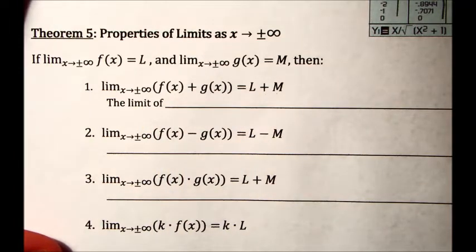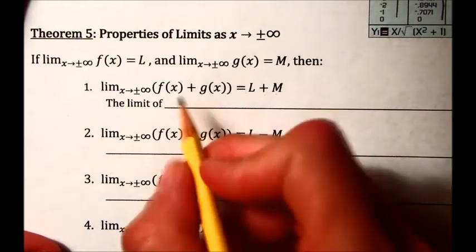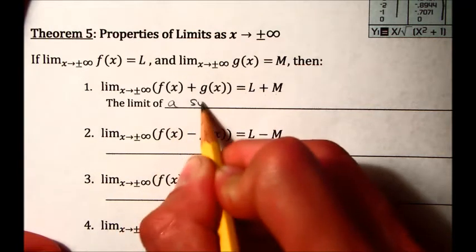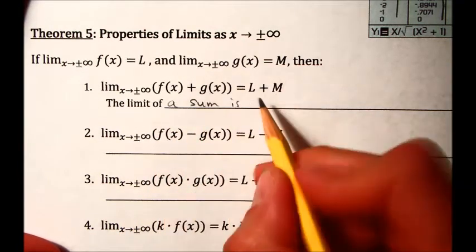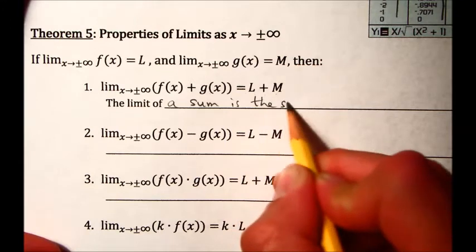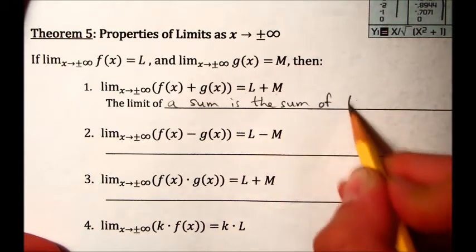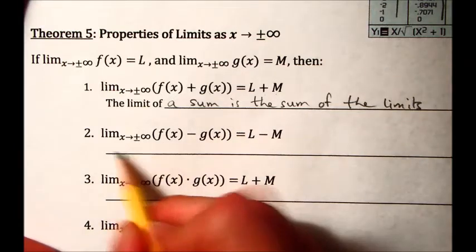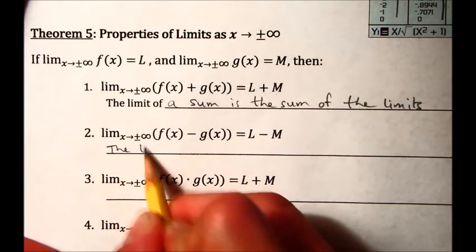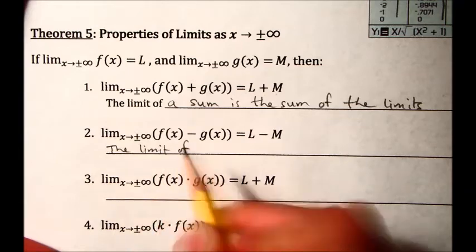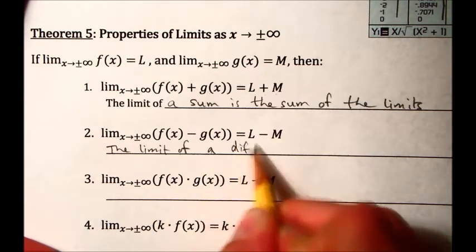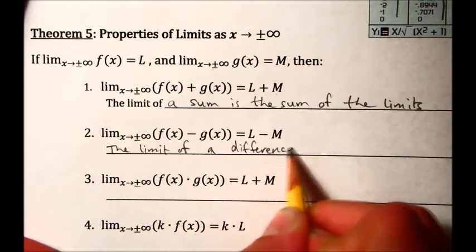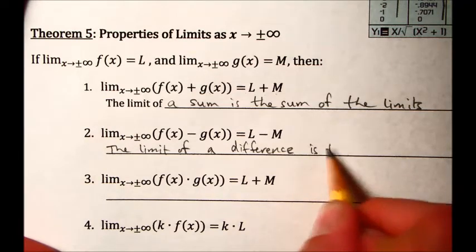So the theorem would work both ways. Okay, so this is just the limit of a sum is the sum of the limits. The limit of a difference is the difference of the limits.